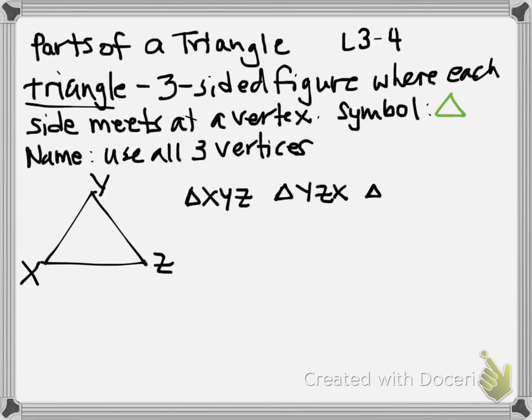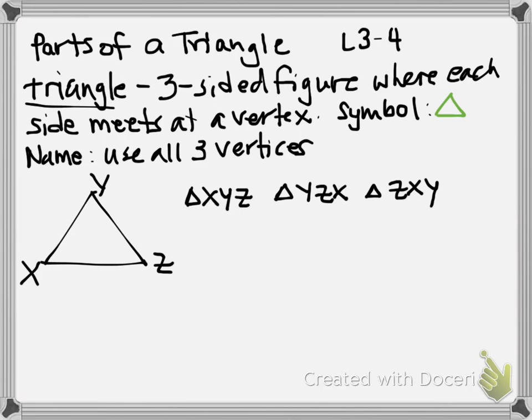I could say triangle ZXY. And then I was going clockwise on all of those. I could go counterclockwise too. It doesn't matter the order of these 3 vertices because they are all consecutive because there's only 3 of them. Once we get into 4, we have to make sure that we don't go jumping across our shapes when we're trying to name them. They have to be consecutive, either clockwise or counterclockwise, starting at 1 vertex and then just going around. Okay, so that's our triangle.